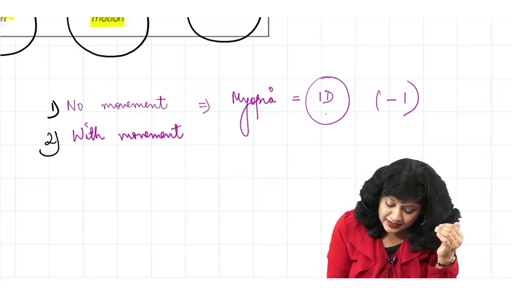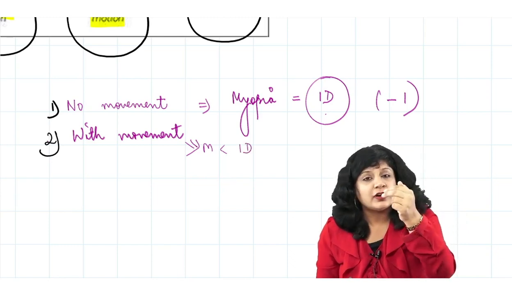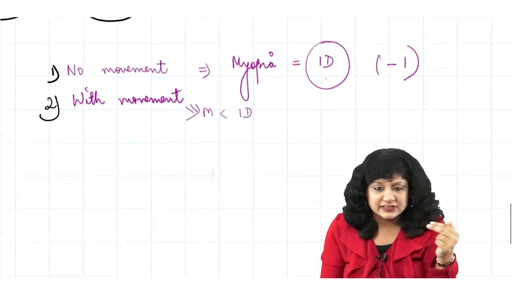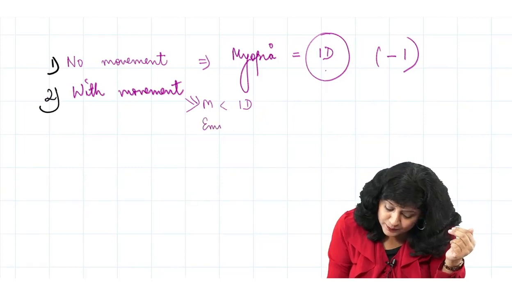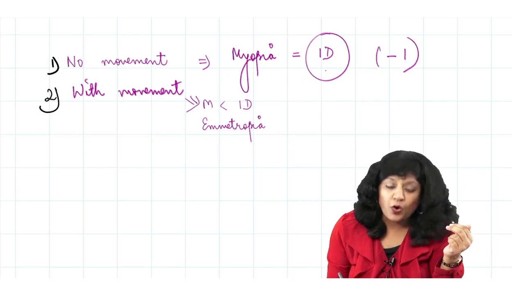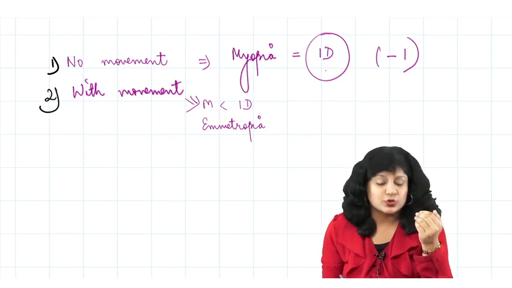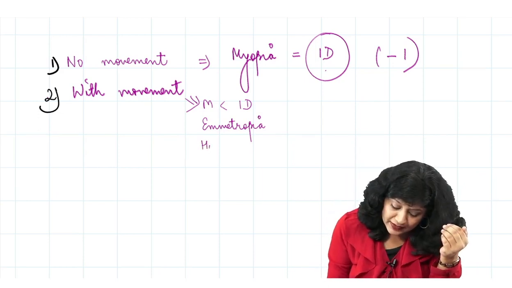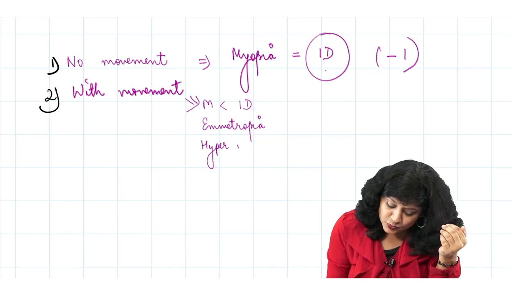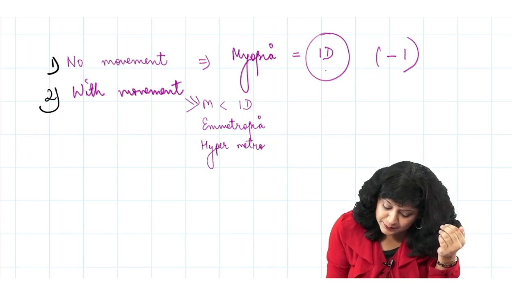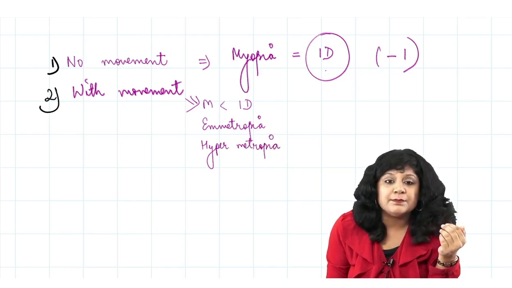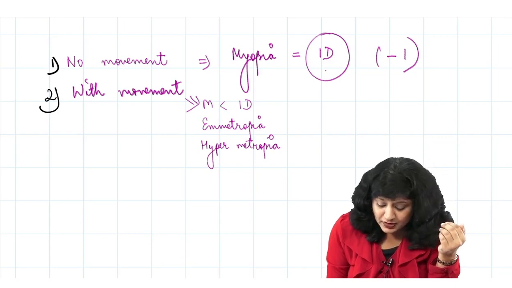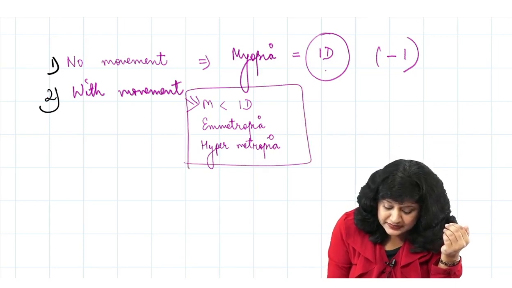It can be myopia only, which is less than 1 diopter. Then what can be the power even lesser than this? It can be emmetropia. So either this patient has emmetropia or lower than this also can be hypermetropia, and hypermetropia can also lead to the plus movement.